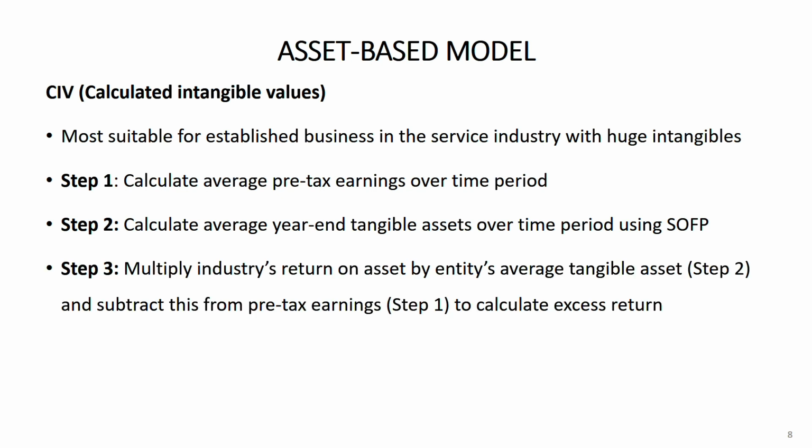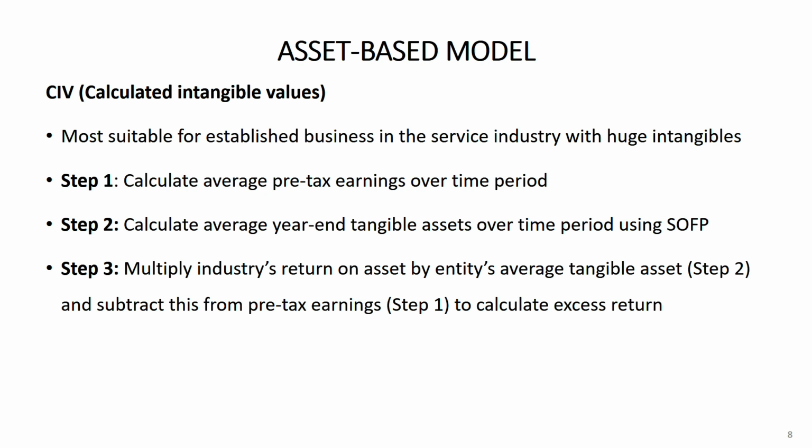Step 3, multiply the industry's return on assets by the entity's average tangible assets. The industry's return on assets will be given, that percentage, let's say 8%. So you don't have to worry about it.